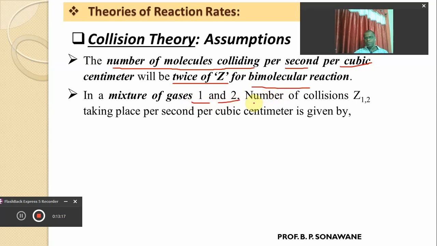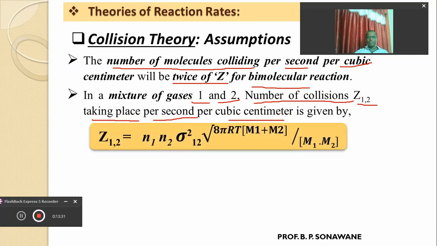Then in this mixture containing the two gases, the number of collisions, indicated by Z12, taking place per second per cubic centimeter is simply given by Z12 = n1 n2 sigma12 squared times the square root of 8 pi R T (m1 + m2) / (m1 m2).